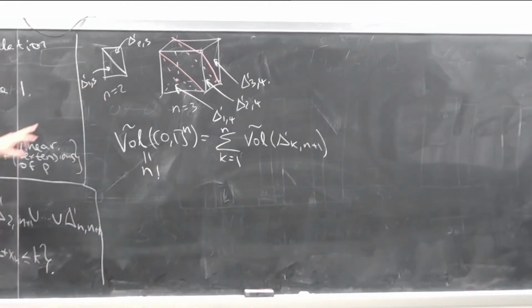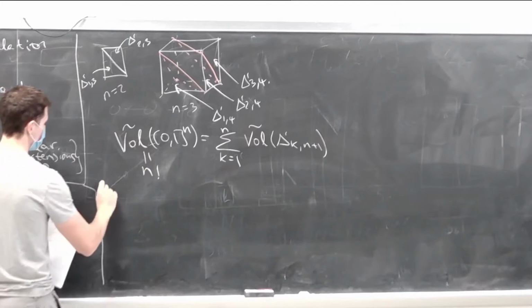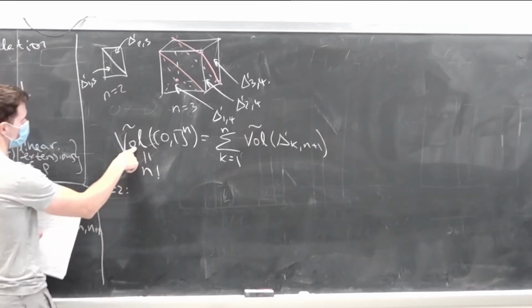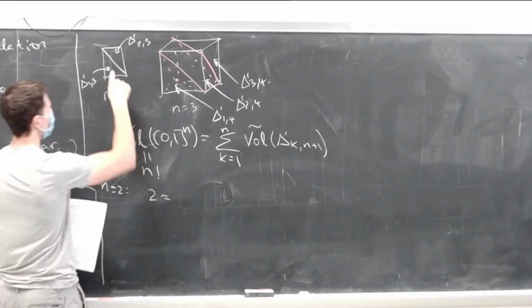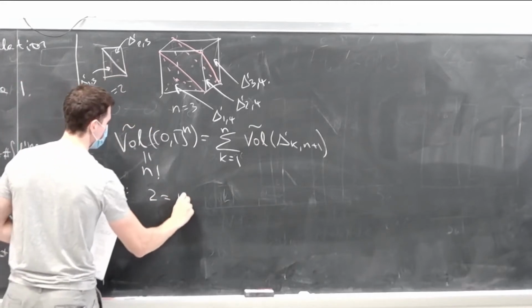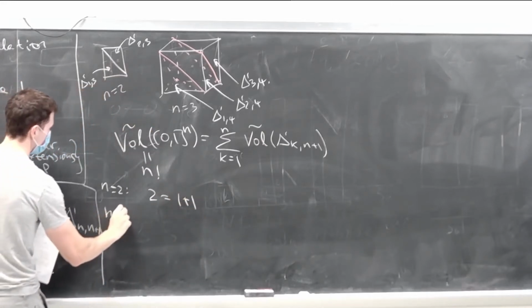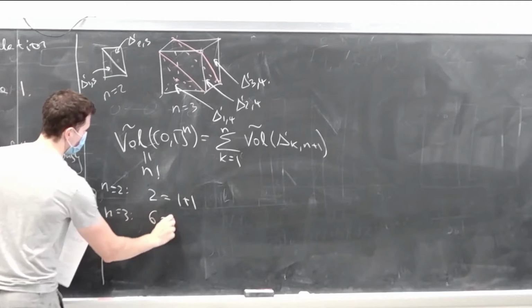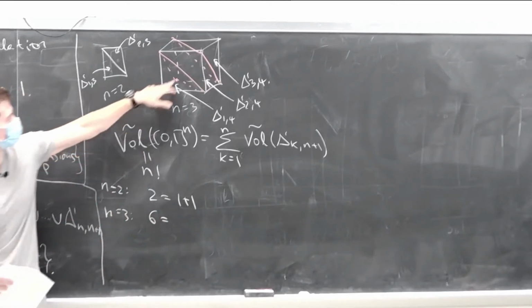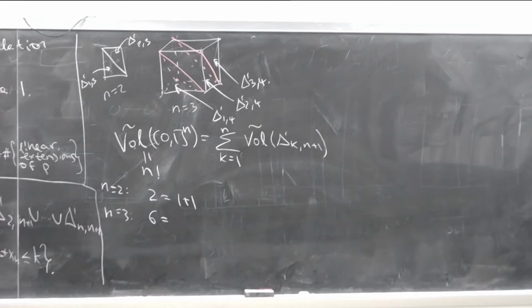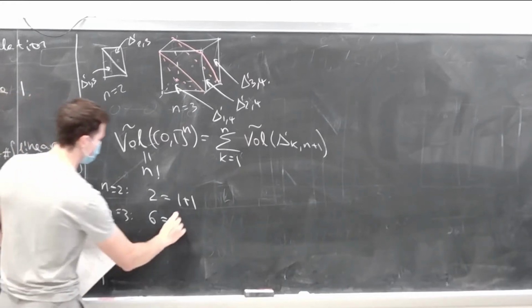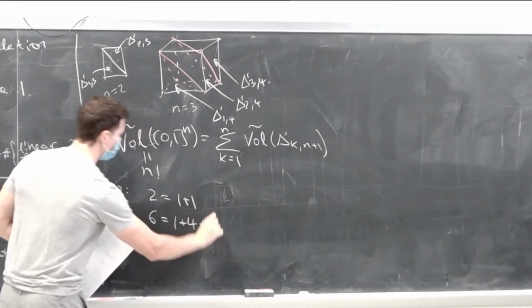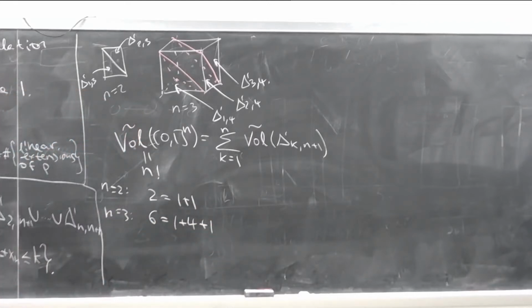In the case of the square, for n equals 2, this is equal to 2, and each has volume 1. For n equals 3, we had 6, which is equal to, what are the normalized volumes in this case? One, 1, 4, 1. Yes, 1, 4, 1.